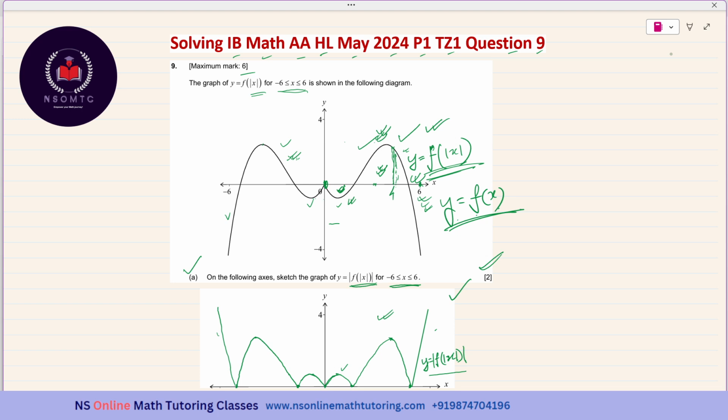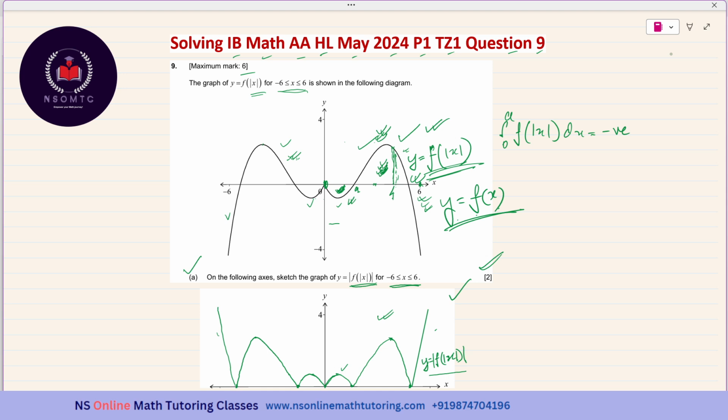Suppose this is a and this is 4, then the integral from 0 to a of f of absolute value of x dx should be negative because this is below the x-axis, and this one is above the x-axis. The area value cannot be negative, but the definite integral value can definitely be negative. It will be negative for this portion because it is below the x-axis, and this part is above the x-axis, which will have a positive value for the definite integral from a to 4.